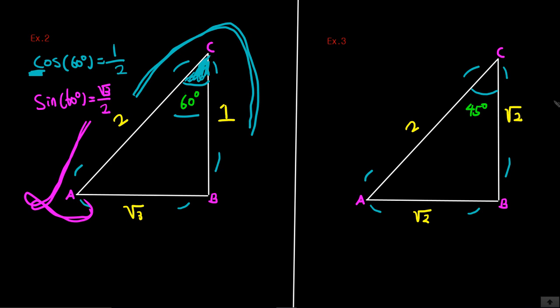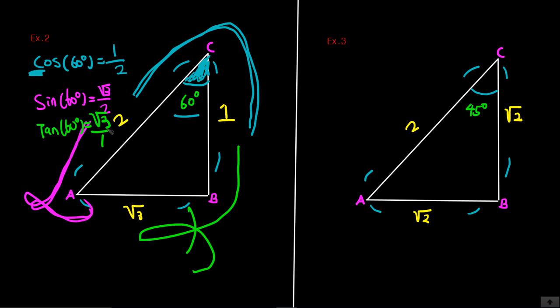Now let's think about it in terms of tangent. For tangent of 60 degrees, it is going to be at first the starting line, the one common with cosine, and it goes all the way down to the line that is common with sine. So it is going to be 1 at first, and then the square root of 3.